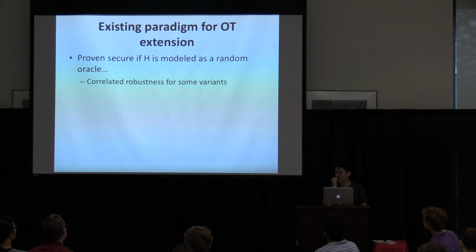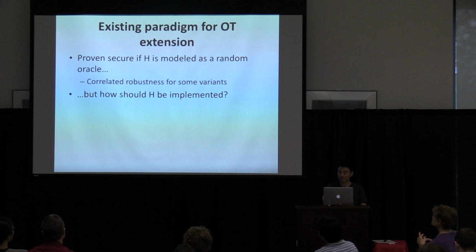And then in the original OT extension paper, they also show that some version of correlation robustness works for some variant of OT extension, not all variants, but some specific variant. But in practice, now the problem is how this H should be implemented. Anybody want to give some conjecture? How is H actually implemented?